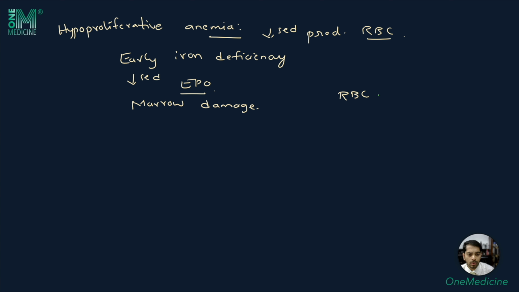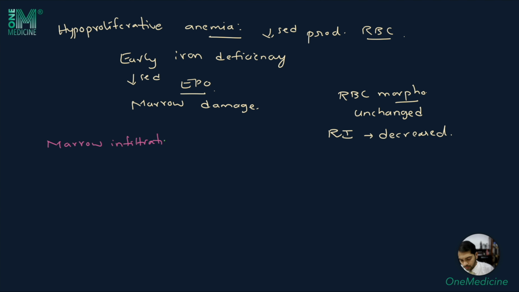Usually the RBC morphology is unchanged, but the reticulocyte index will be decreased. Now some of the causes for marrow damage include marrow infiltration with a tumor or fibrosis, or absence of RBC precursors. This happens in aplastic anemia.